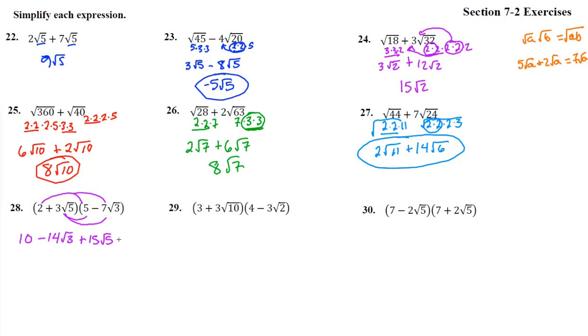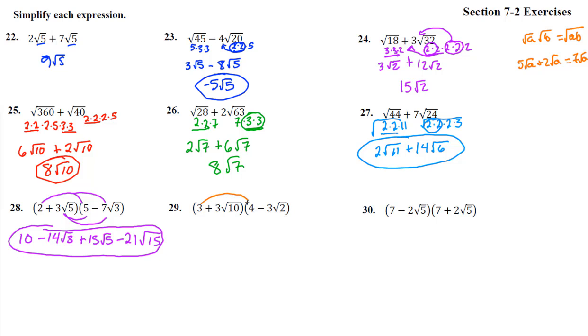And minus 3 times 7 is 21. Square root of 5 times square root of 3 is square root of 15. And that just has a 3 and a 5, so it can't simplify. Square root of 5, square root of 3 there, as simple as they can get. That's kind of a 4-term polynomial there that cannot simplify anymore. All right, good. Number 29.